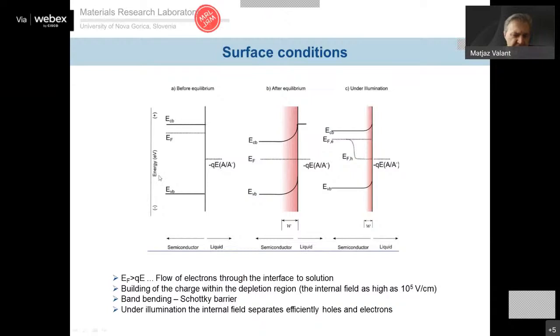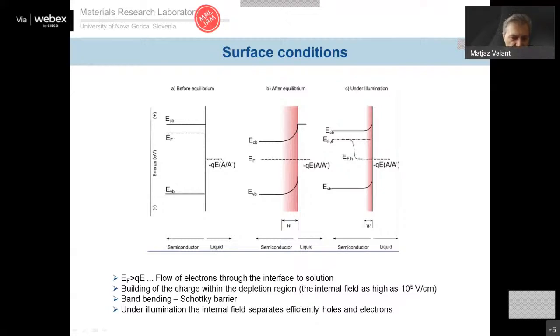This is the situation immediately after we immerse the particle into the liquid, before any equilibrium is established between the liquid states and semiconductor states. Now we see that the Fermi level of the semiconductor is higher than the chemical potential of the liquid. At such conditions, it will be possible for the electrons to travel through the interface to the solution.